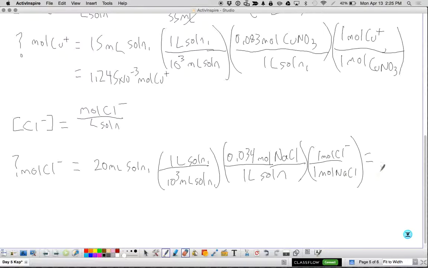Okay, and this equals about 6.8 times 10 to the minus 4 moles Cl-, okay, which I can then plug in up here. And again, I'm not going to round till I'm totally done.